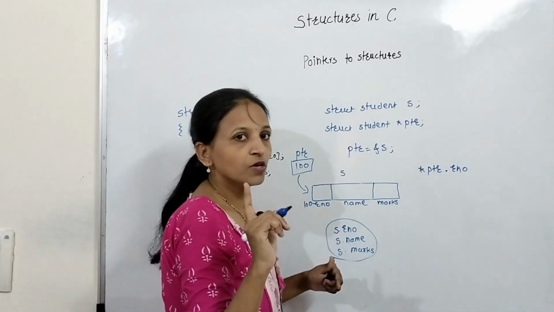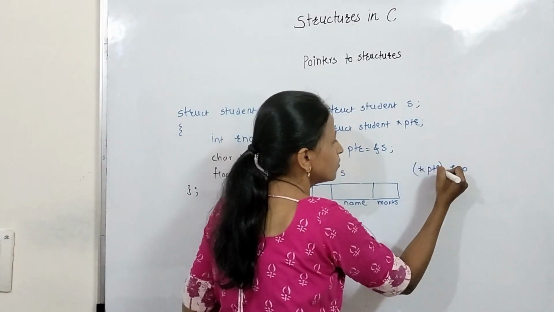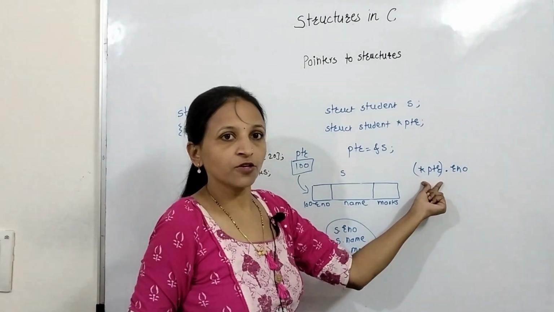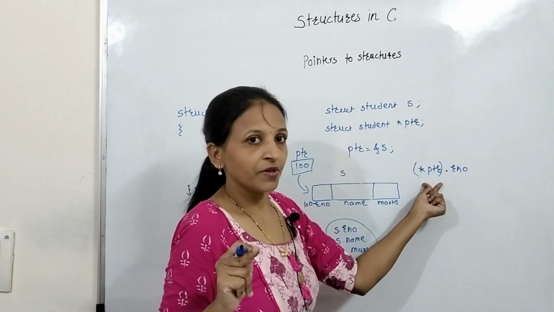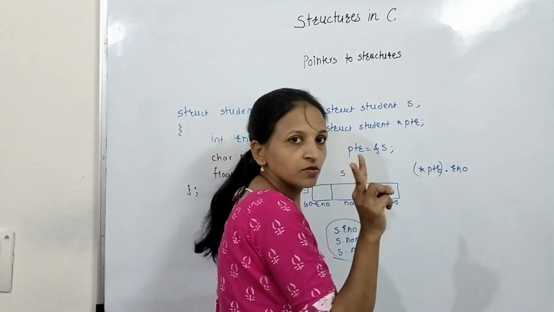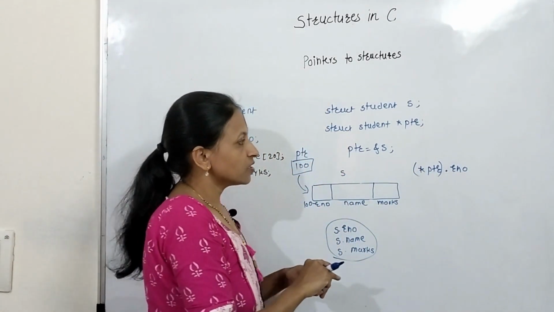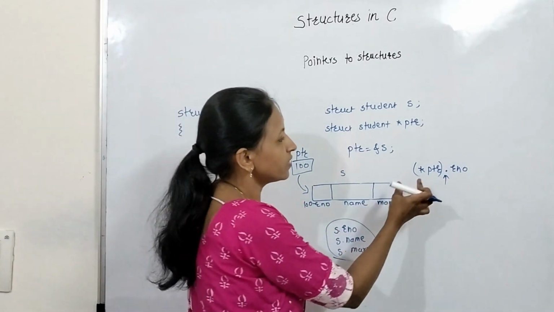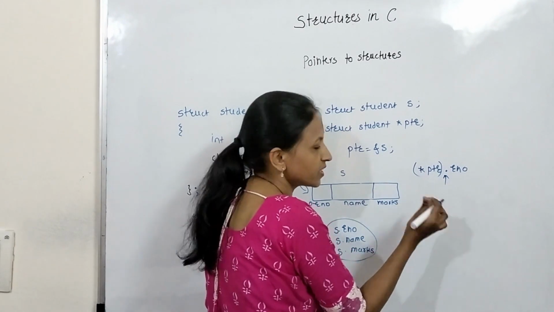Here we have to compulsorily put round brackets, star ptr should be enclosed inside round brackets. Why? See, these two operators, star and dot, are here. Higher precedence is given to the dot operator. If we have not given the round brackets here, then what will happen?